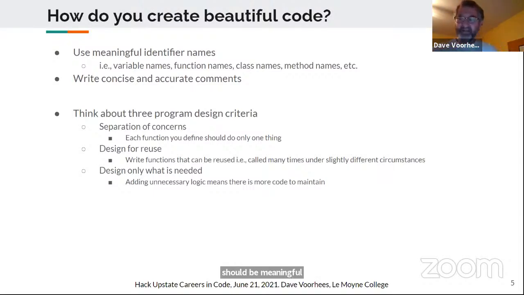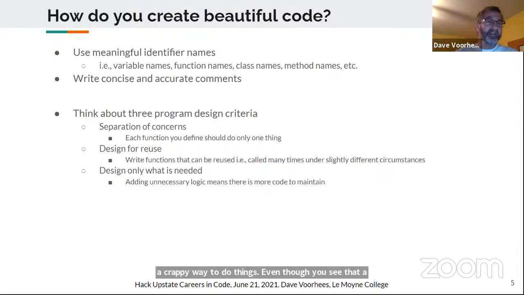Using X and Y as your variable names, for example, is a crappy way to do things, even though you see that a lot in various tutorials that you might find on the web. So identifier names sort of describe all the different types of names that we could potentially create and use in our code. And there's some examples there.